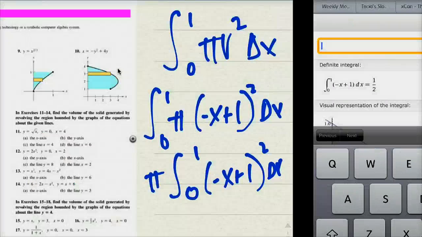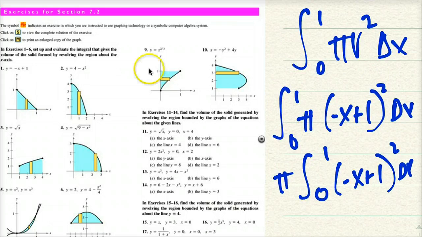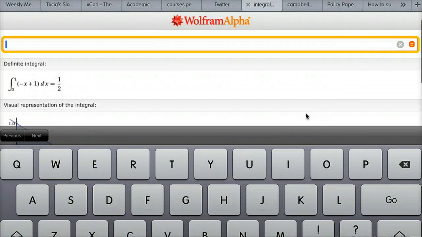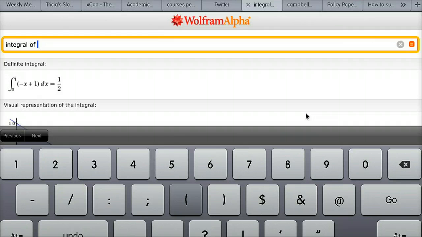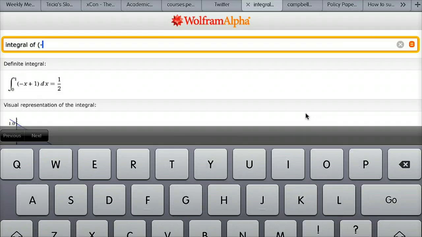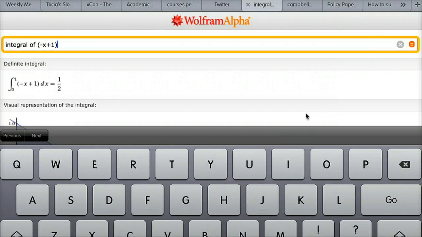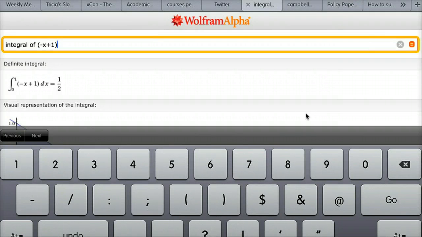If you remember from the previous problem, I want the integral from 0 to 1 of negative x plus 1 squared with a pi on the outside. So I'm going to do just integral and then add pi at the end of it. I want the integral of parentheses negative x plus 1 close parentheses squared.